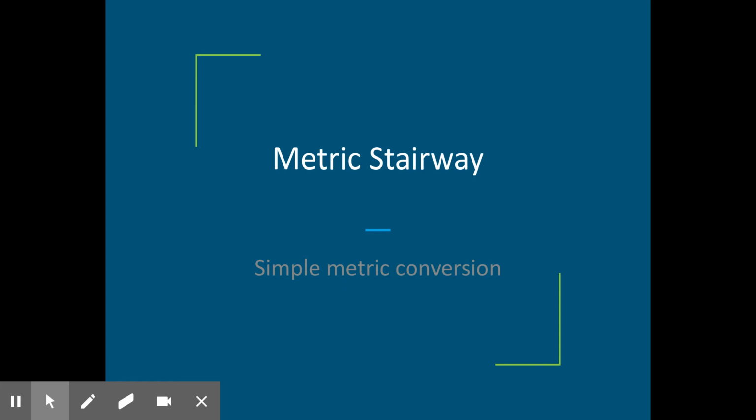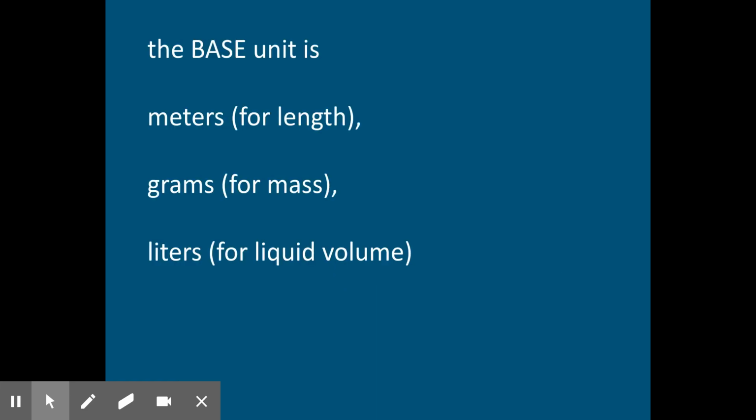So when we convert in the metric system, we typically use what we refer to as the metric stairway, okay? Whenever we use the metric stairway, we have what we refer to as our base units. So for length, it's meters, and we use a meter stick or a ruler to measure that. For mass, we have grams, and we use a balance or a scale in order to measure those. And then for liquid volume or irregular shaped objects, we use liters.